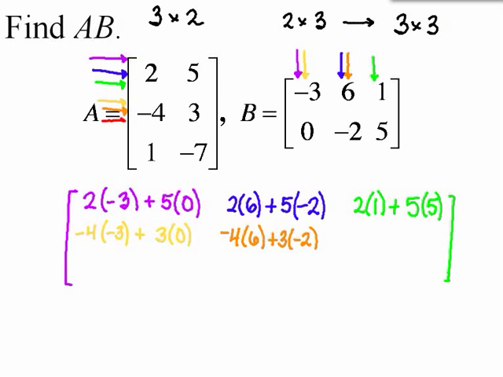Now I'm going to do row 2, column 3. So row 2 times column 3 will be -4 times 1 plus 3 times 5. Next I'm going to do row 3 times column 1. So I've got 1 times -3 plus -7 times 0.